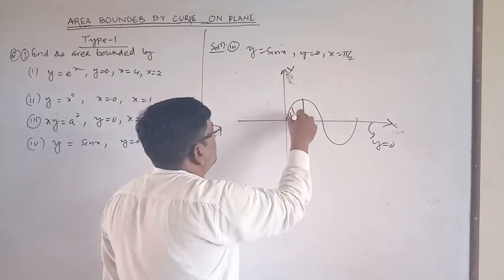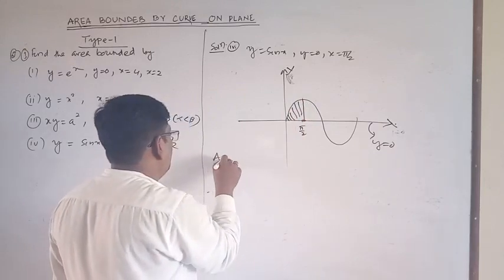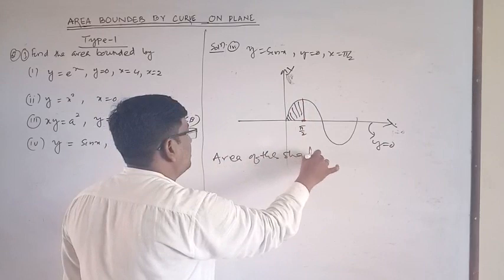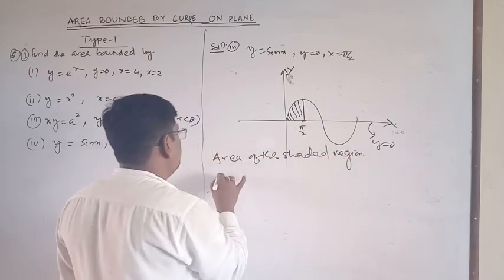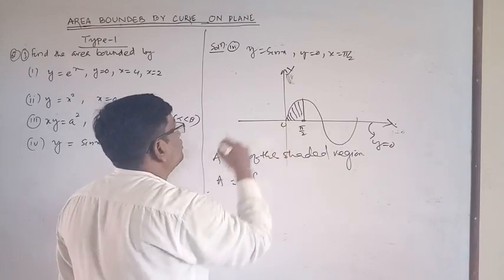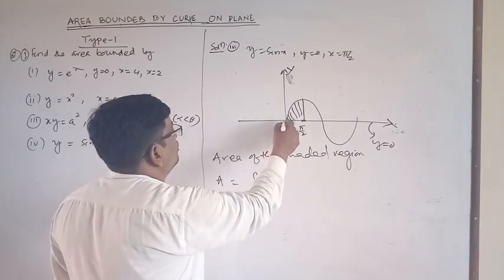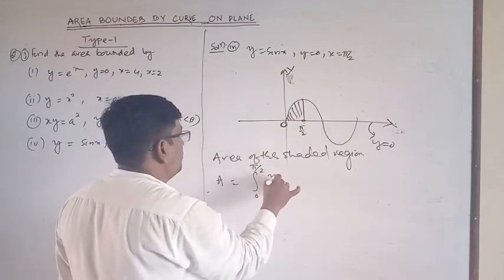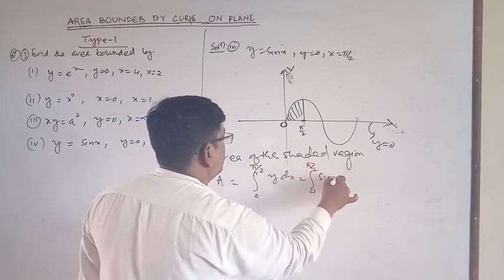Area of the shaded region, A is equal to the integral from 0 to pi by 2 of y dx, that is 0 to pi by 2 of sin x dx.